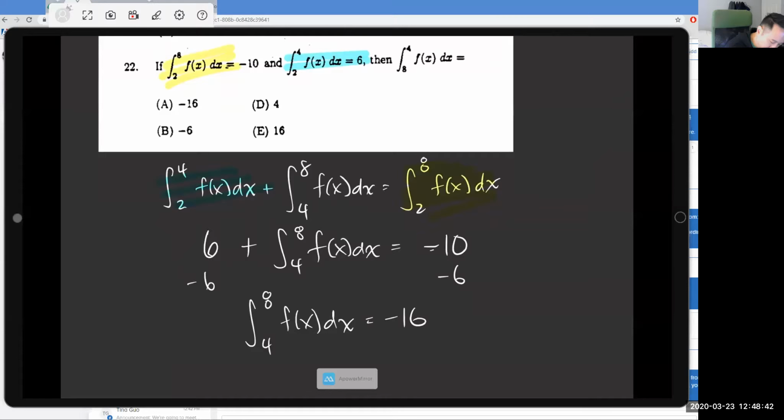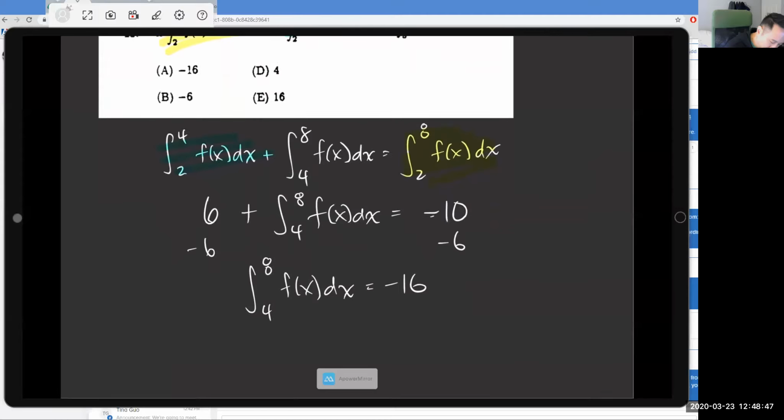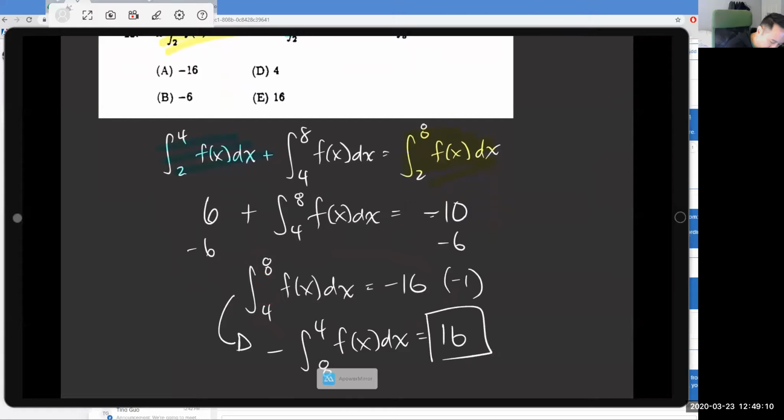Now, the question's asking for from 8 to 4. I have a solution for 4 to 8, but we could switch these two bounds as long as you multiply by negative or include a negative. So I can rewrite this as a negative, switching bounds, of f of x dx, which means I'm going to multiply this by negative, so I get a positive 16.